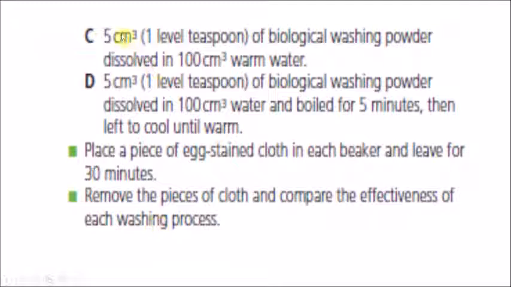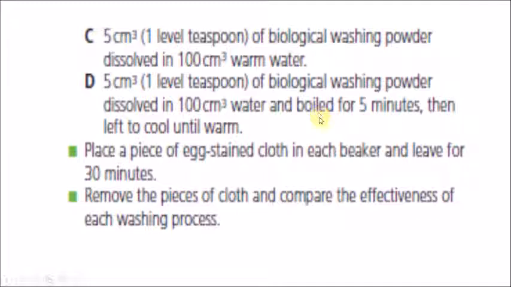It's got enzymes in that break down the protein and fat stains, and they become small soluble molecules like amino acids and fatty acids and glycerol, and they just dissolve into the water away from the cloth, and it becomes stain free. D has got the enzymes, but they've been denatured by the boiling water. So again, it doesn't work.